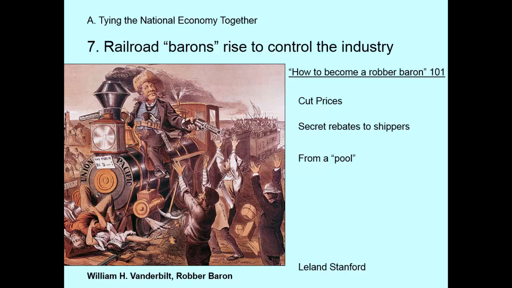And so I hate company C. They're my main competitor. And so I go to company B and I say, hey, look, you and me, let's form a pool. We'll pool our resources, our railroads, our money, our capital, and since we have more money together, and more customers together, we will be able to cut our prices, since we're sharing the cost between companies A and B, and we can drive company C out of business.